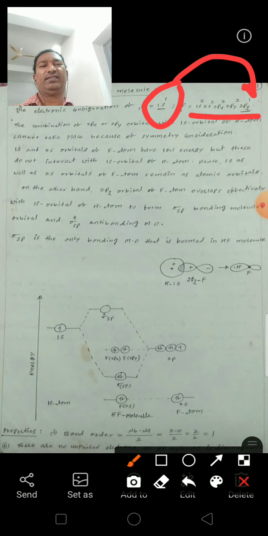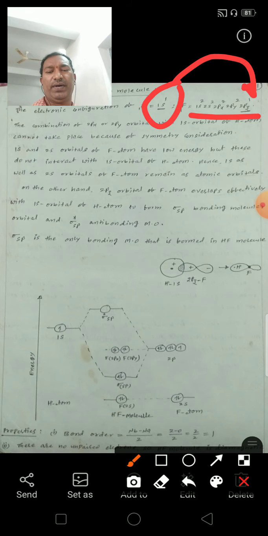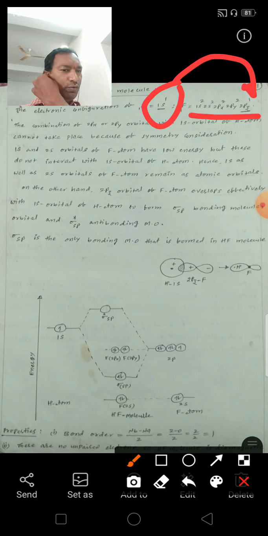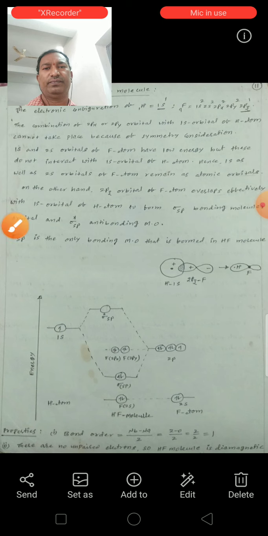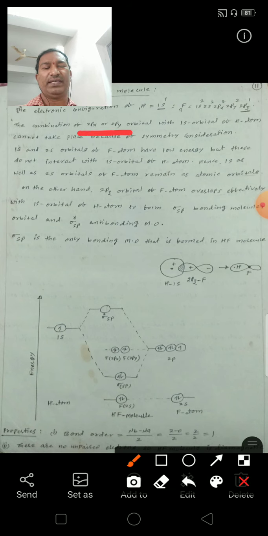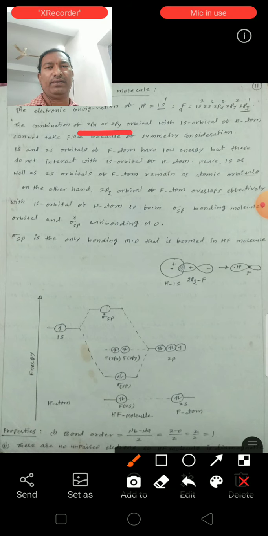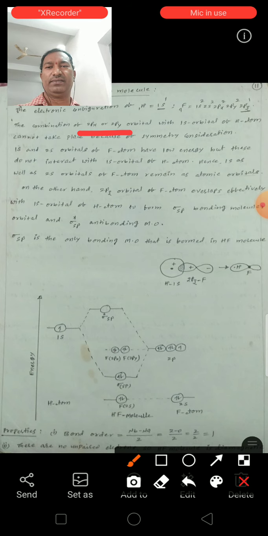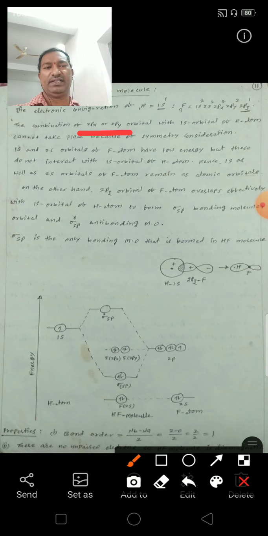This single electron and this single electron combine to form the HF bond. The combination of 2px or 2py orbitals with the 1s orbital of the hydrogen atom cannot take place because of symmetry consideration.